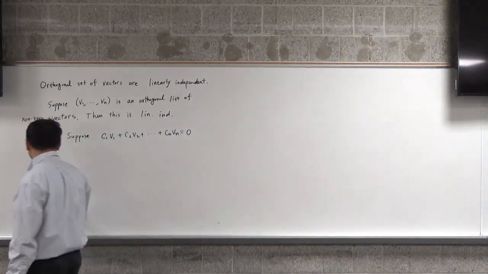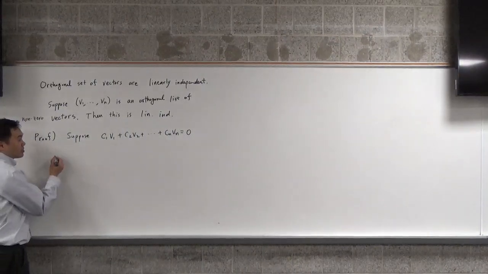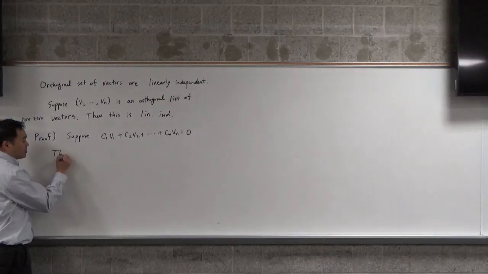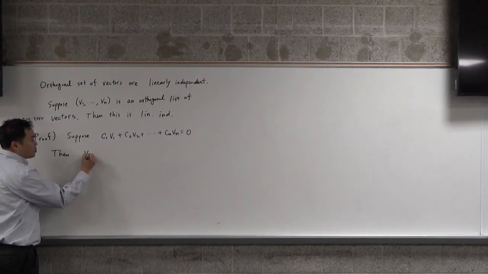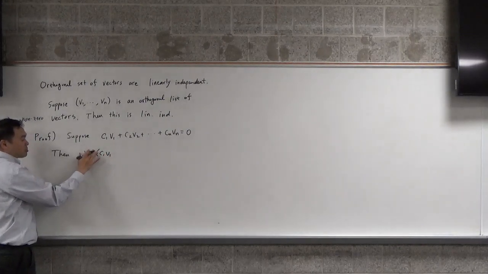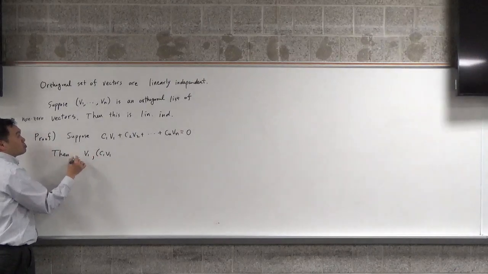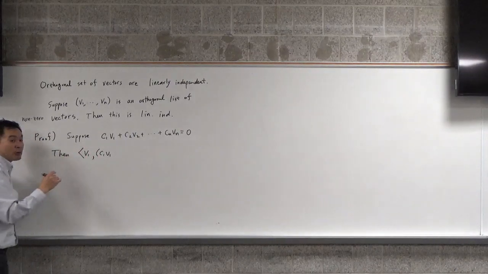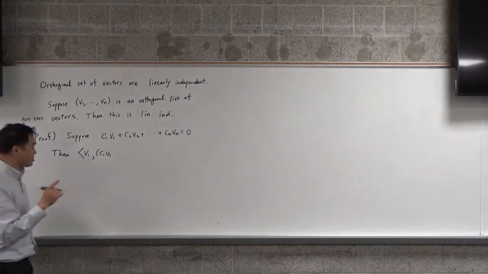So do this. Then V1 dotted with C1 V1, and to make it more general, let's use, because this should be true with respect to any inner product, not just the standard dot product.